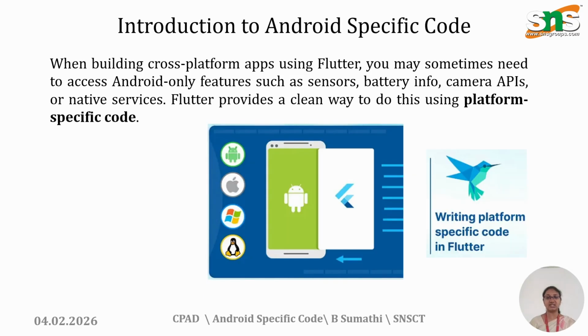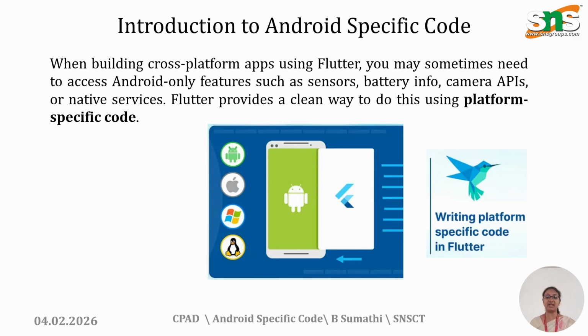The next one is the introduction to Android specific code. So what is Android specific code? In the previous video, we saw what native code is and what platform specific code is. Native code can run only on that specific operating system.